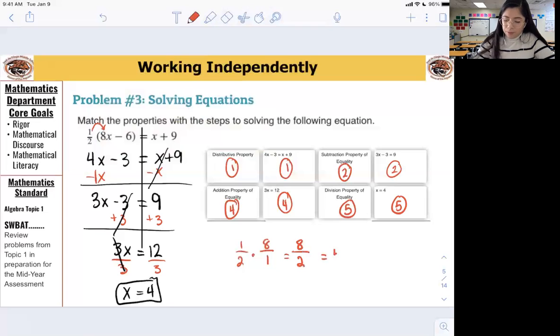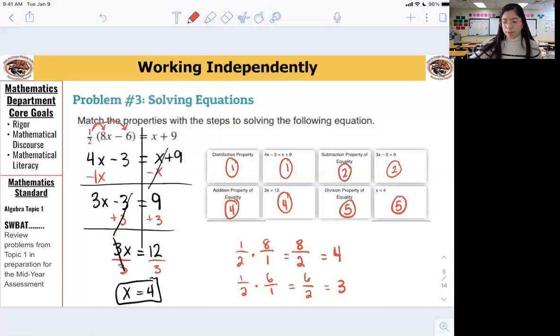Just 4, yes. Same thing with the 6. 1/2 times 6, well, that's 1/2 times 6/1, which is 6/2. 6 divided by 2 is 3. When you multiply things by 1/2, it's the same as dividing by 2. You just divide it by 2. So that's how we got that second step. Okay.